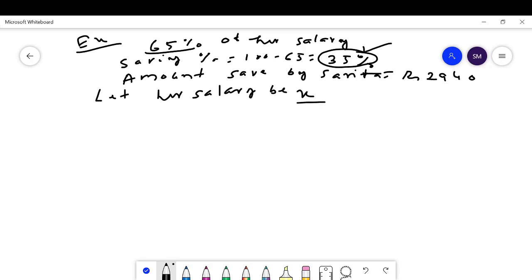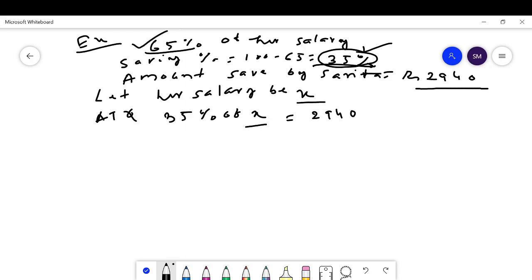Sarita saves 35%. Then according to the question, 35% of x. Sarita saves 35% and it is also said that the amount saved is 2940. This means 35% of x is equal to 2940.